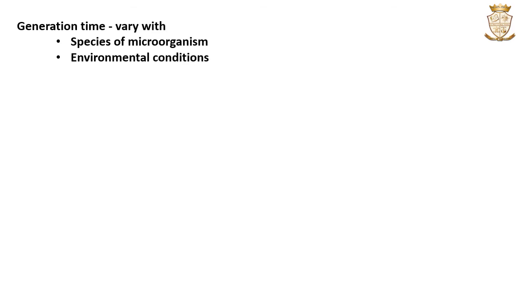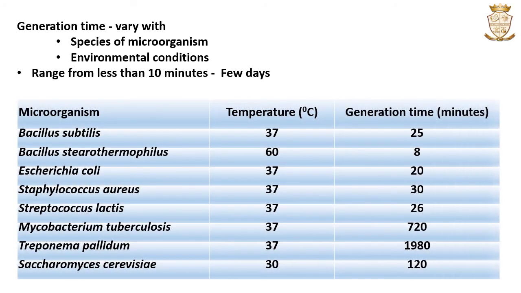The generation time varies markedly with the species of microorganism and also depending upon the environmental conditions. It ranges from less than 10 minutes for a few bacteria to several days for some other microorganisms. The generation time in a natural environment is usually much longer than that in a laboratory culture.